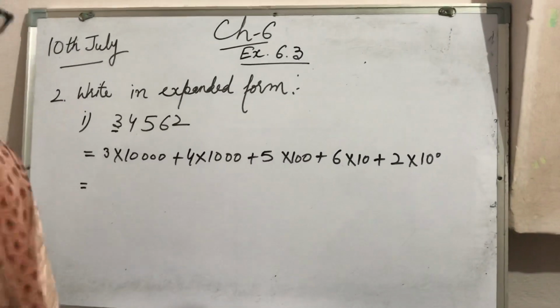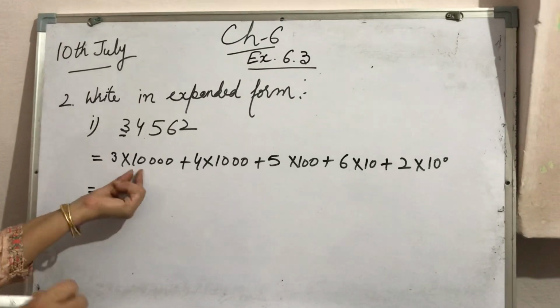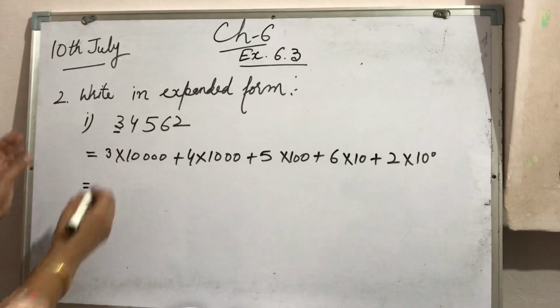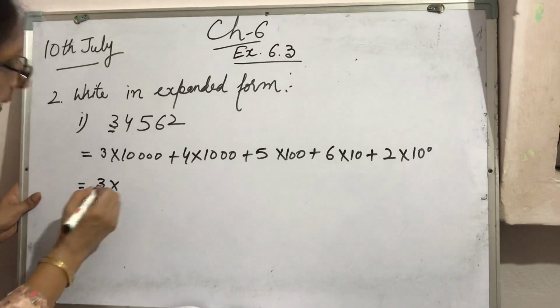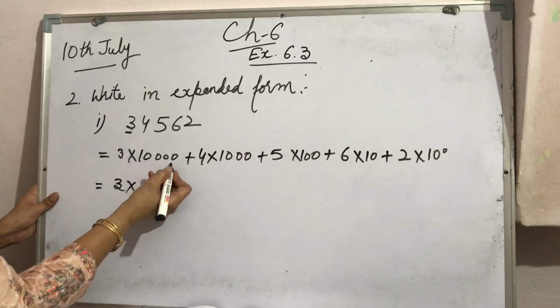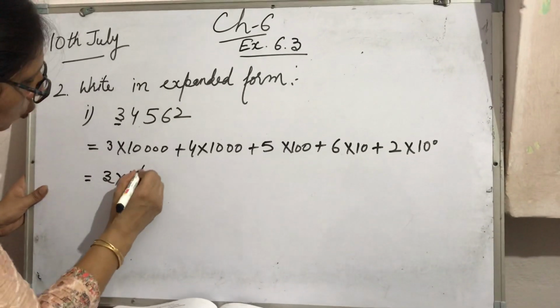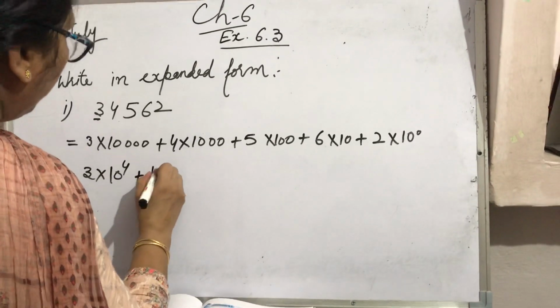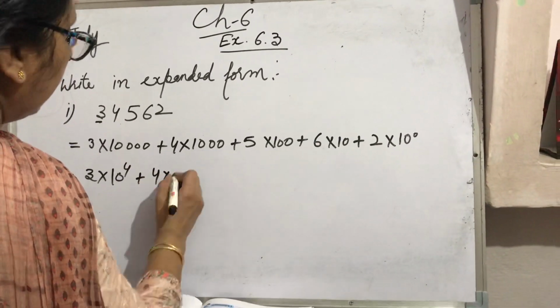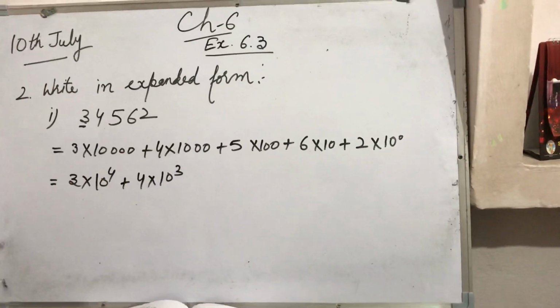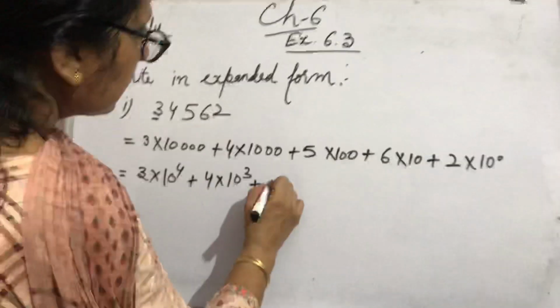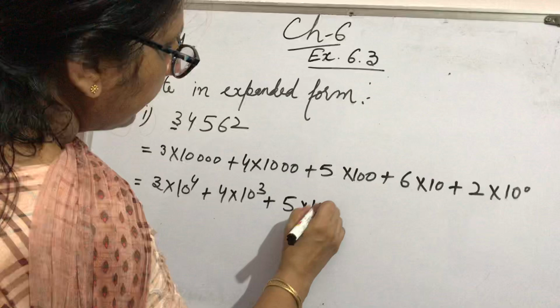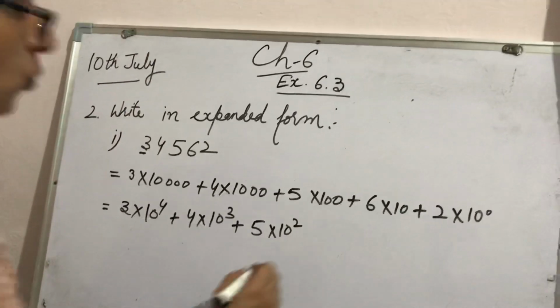Now we can use 10 raised to power. So 3 multiply, how many zeros are there? 4. So 10 raised to power 4. Then plus 4 multiply 1,000, 10 raised to power 3 means 10 cube. Plus 5 multiply 10 raised to power 2.